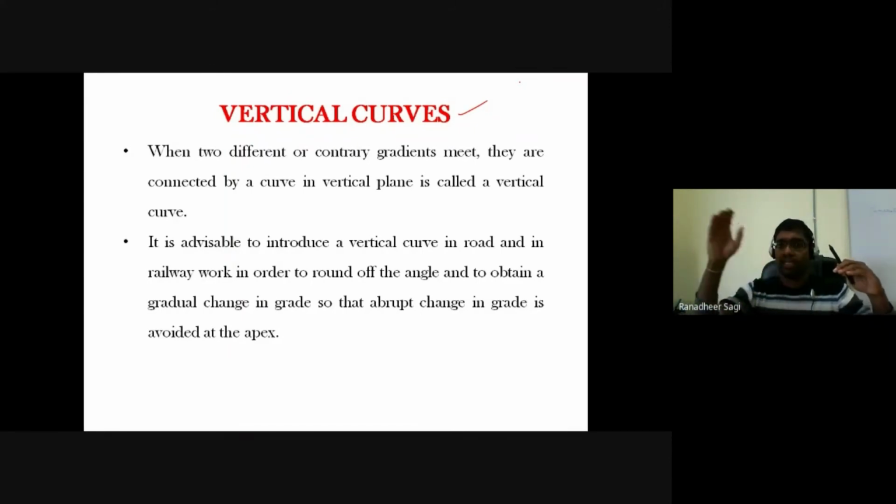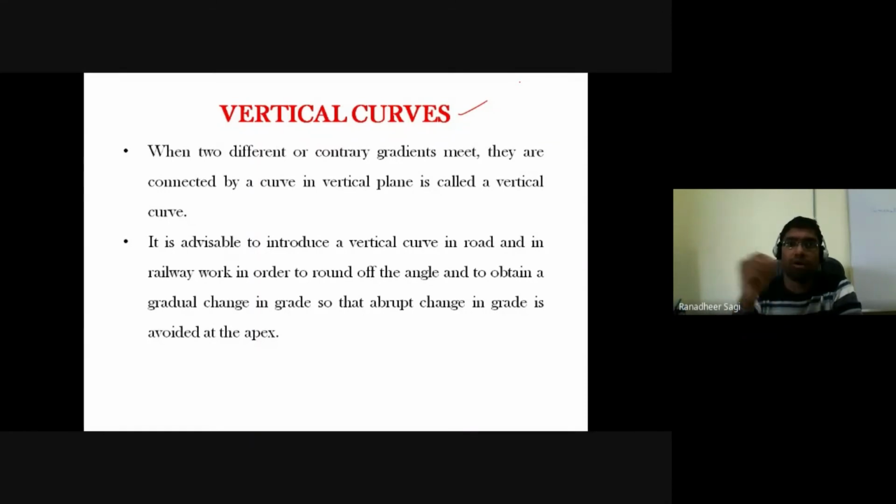So in order to connect those two different elevation points, you should have a proper grade or proper slope at which your road alignment is to be done. So that proper grade or slope at which your road alignment is done is what is called your vertical curve. That is the grade at which your road alignment is provided in the vertical plane. Okay, with what slope the alignment of the road is provided in the vertical plane. So that is what is called your vertical curve.